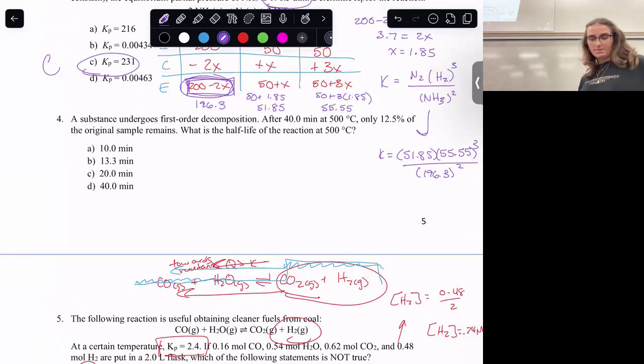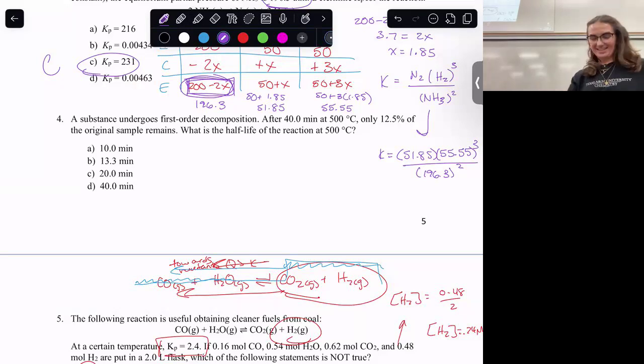Okay. So a substance undergoes first order decomposition. After 40 minutes at 500 degrees Celsius, only 12.5% of the original sample remains. What is the half-life of the reaction at 500 degrees Celsius? So there's 2 ways you can solve this. I'm going to show you the easy way, and then you can figure out the hard way.